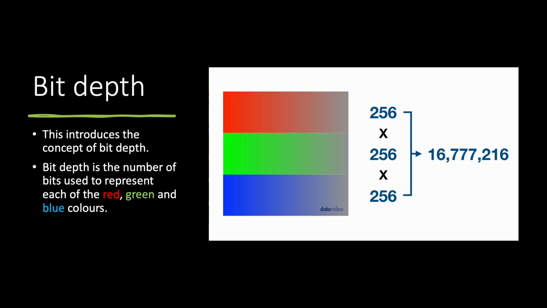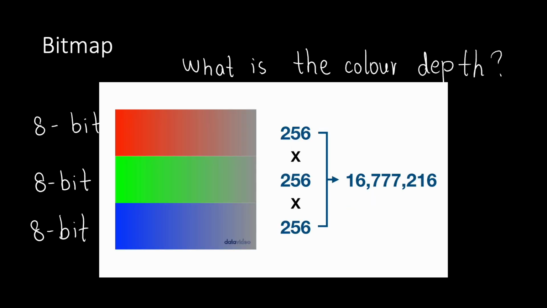So there's another way of defining the color of each individual pixel with bit depth. Bit depth is the number of bits used to represent each of the red, green, and blue colors. On the right-hand side, say, for example, we use 8 bits to represent the red color, which allows 256 unique combinations, which is 2 to the power of 8.